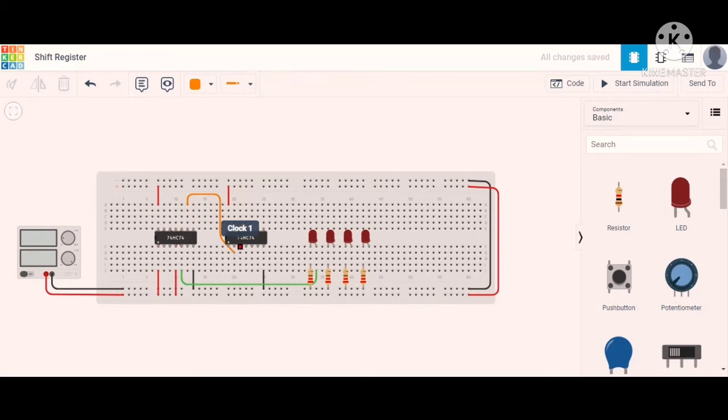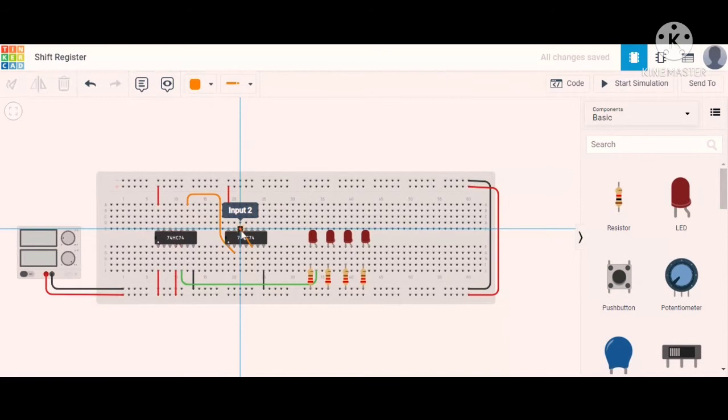And here we very well know that this is the input and the output of the third flip flop. That output we now connect to the input of the fourth one. This is the output of the fourth flip flop, and this is the input of the fourth one.